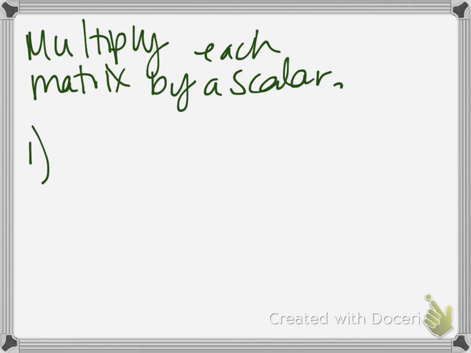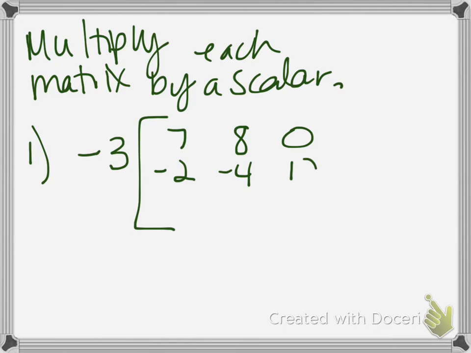So for number 1, I have -3 times the matrix of 7, 8, 0, -2, -4, 12, 9, -5, and 3.